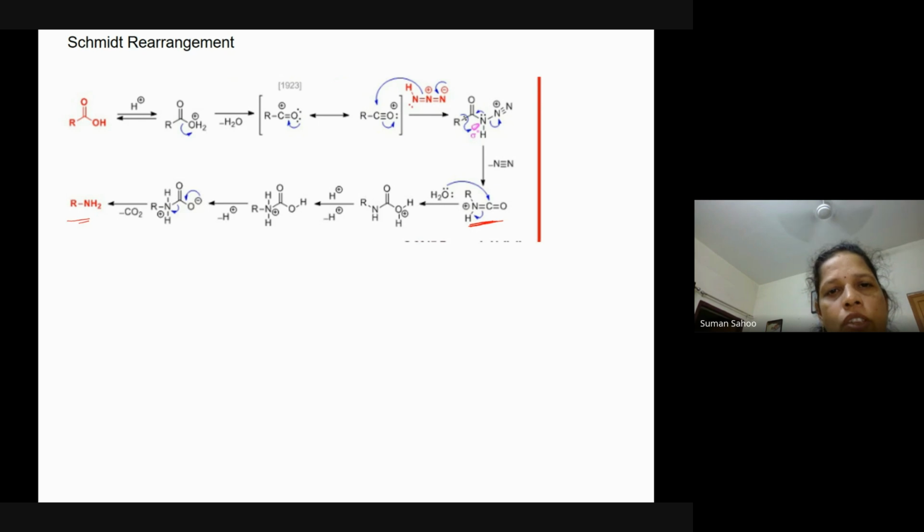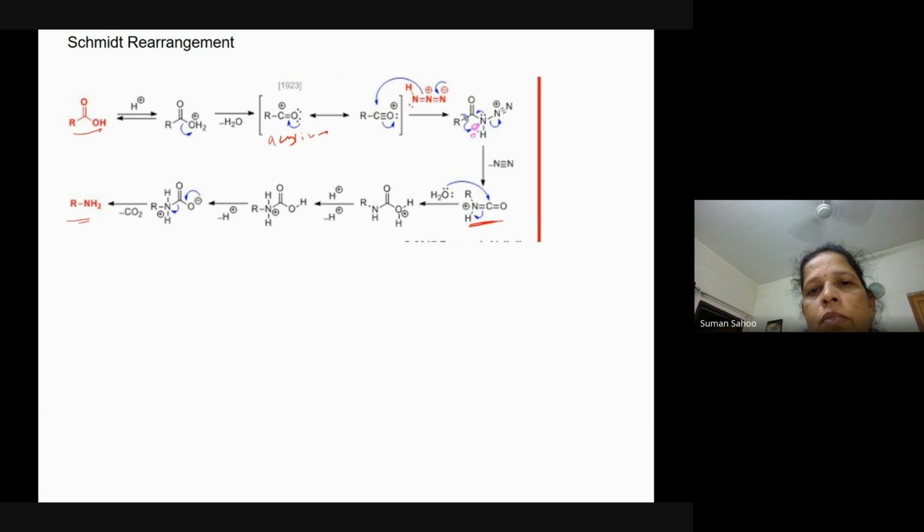So you have to remember all these mechanisms. How does it happen? First of all, the acid, when treated with a stronger acid, which should be stronger as compared to the carboxylic acid, gets protonated. Then water is removed to give you an acylium ion.